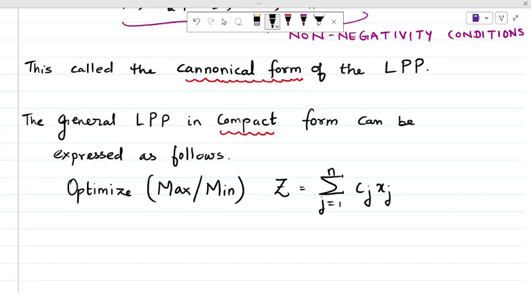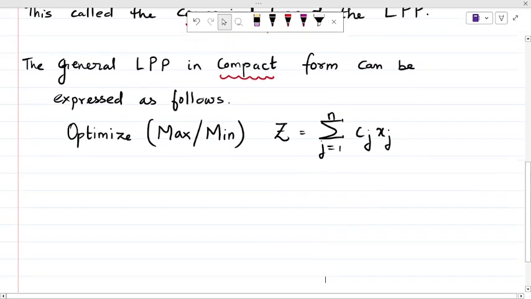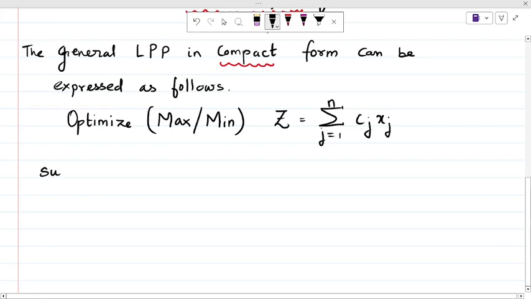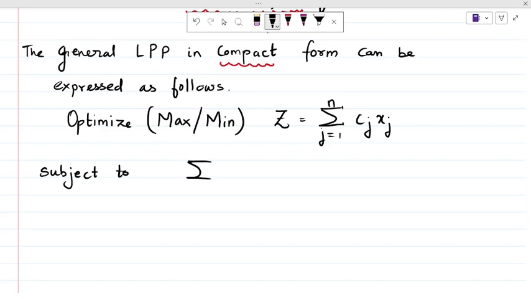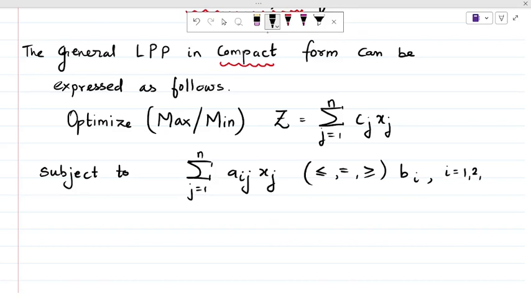And then the conditions will be, subject to summation aij xj, and whatever the inequality is, greater equal bi, where j is running from 1 to n and i is 1 up to m.